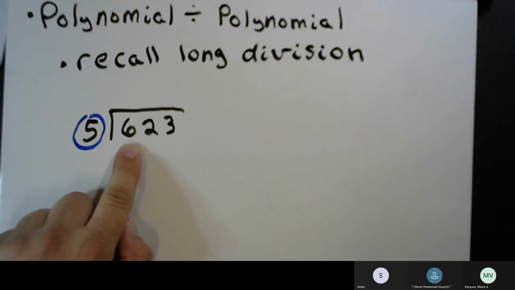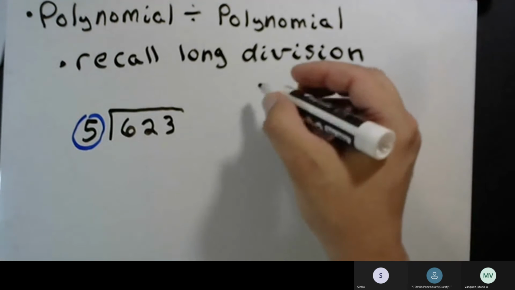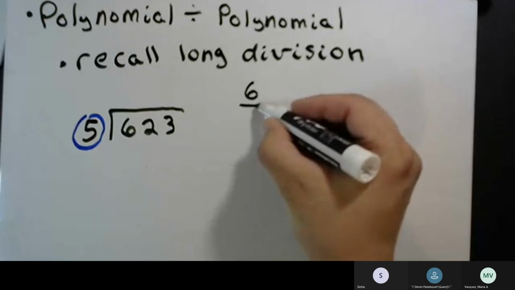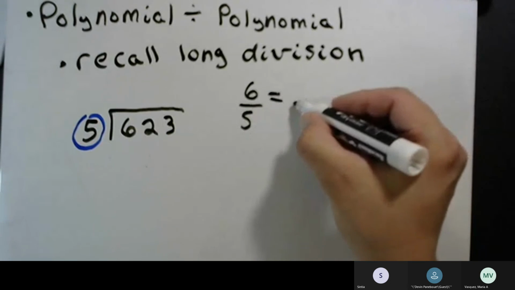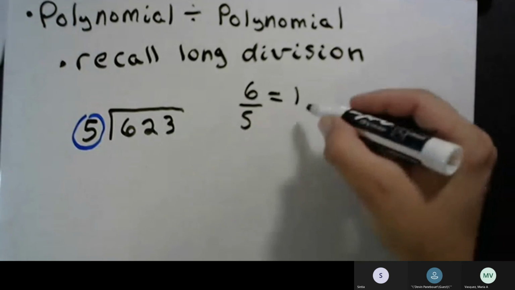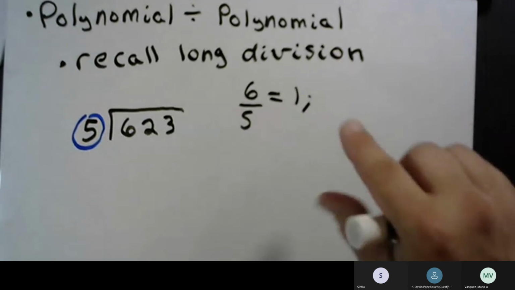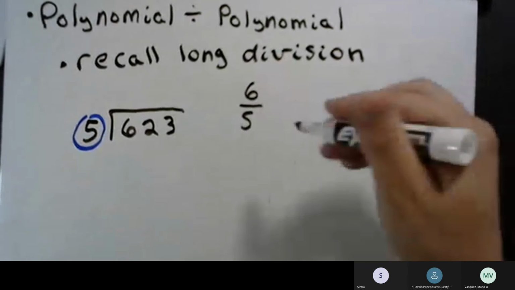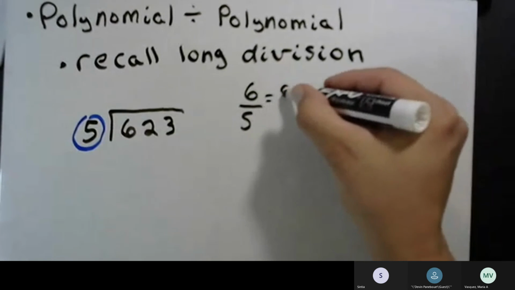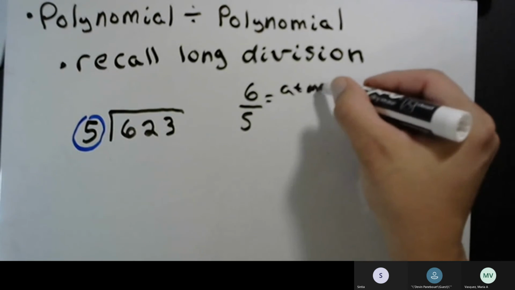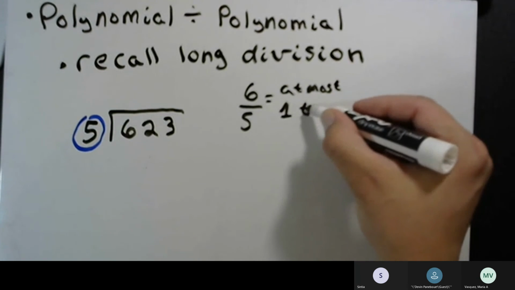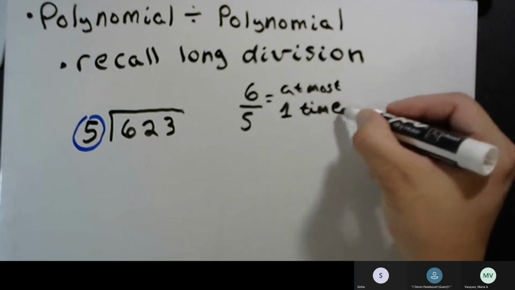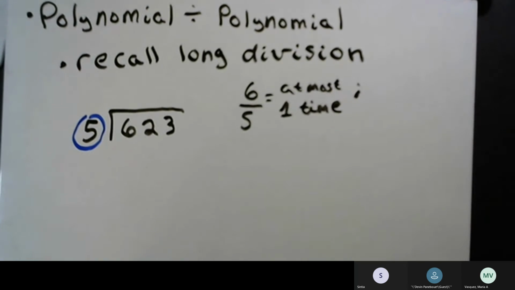We'll take 6 divided by 5, and it goes in at most one time.